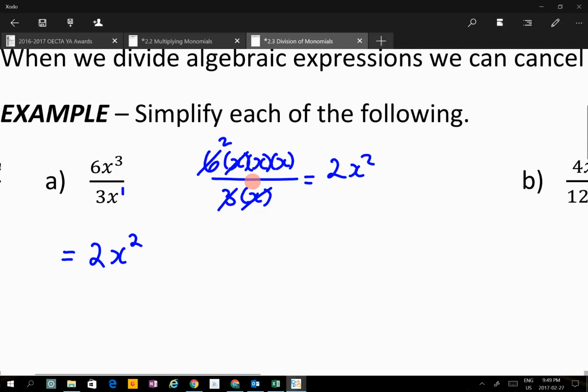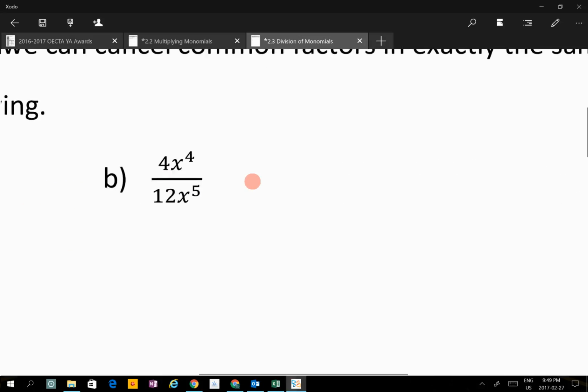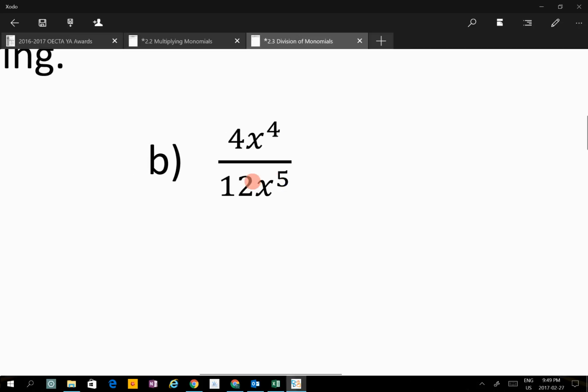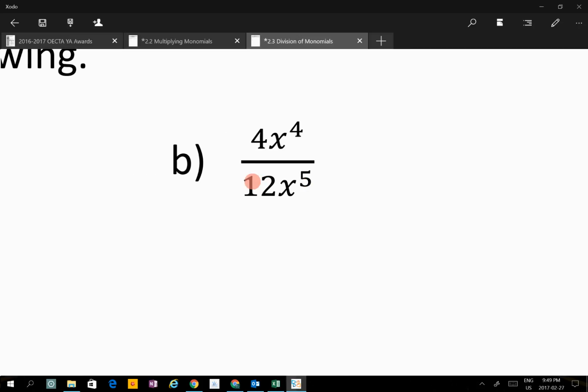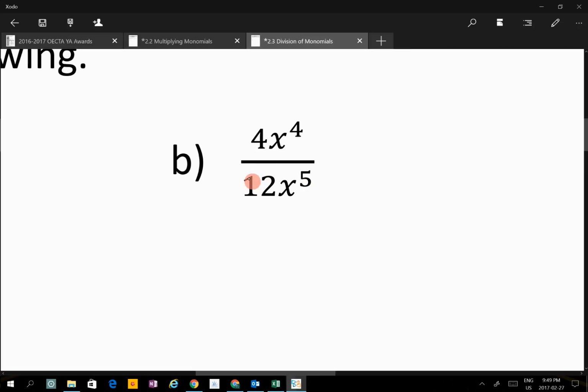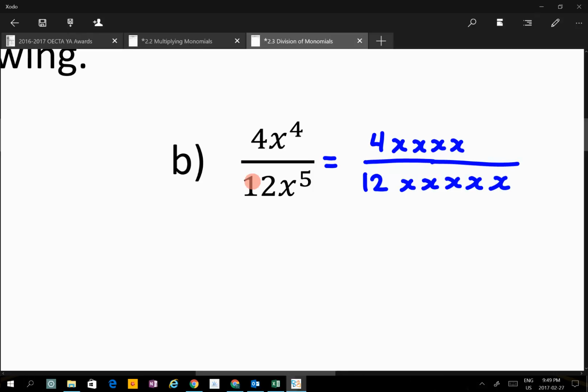Okay, let's look at another one. 4x to the exponent 4 over 12x to the exponent 5. So same idea. You can look at this by going, okay, 4 over 12, and I have 4 x's on the top, and I have 5 x's on the bottom. Can I make some reductions and cancellations?